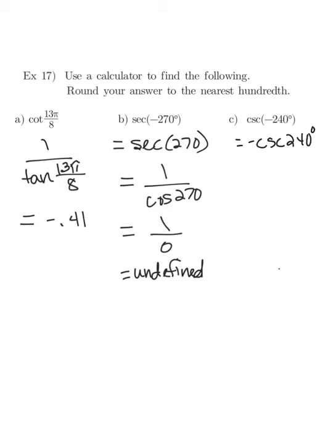Now we have to use the idea that cosecant is the reciprocal of sine. So we rewrite it again as 1 over negative sine of 240 degrees. Now do that on your calculator and you should get 1.15.